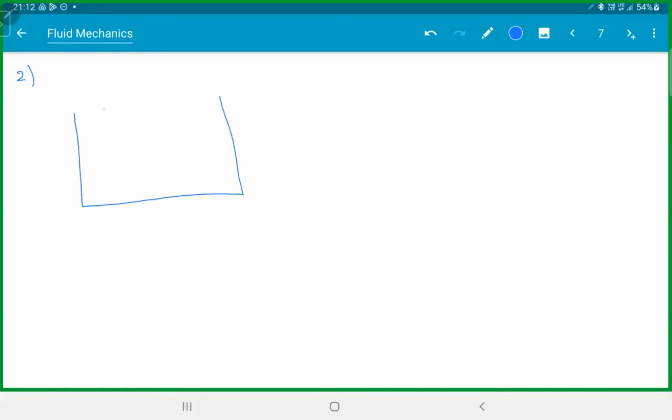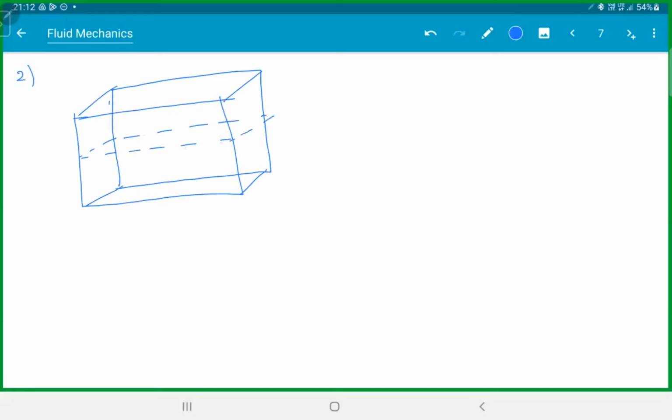We have a container here. It's a cube. L by 2, L, and L. This thing is an open top container.